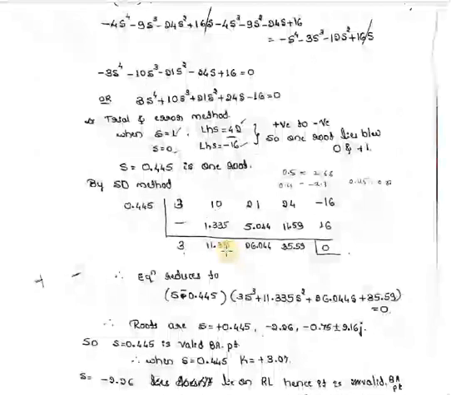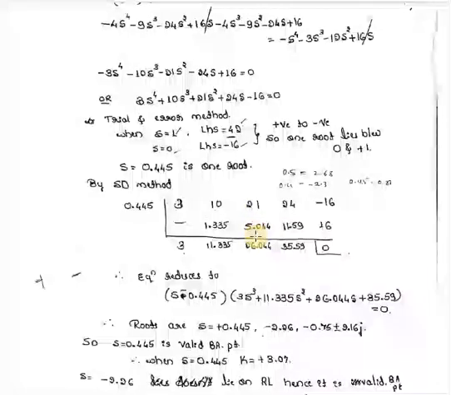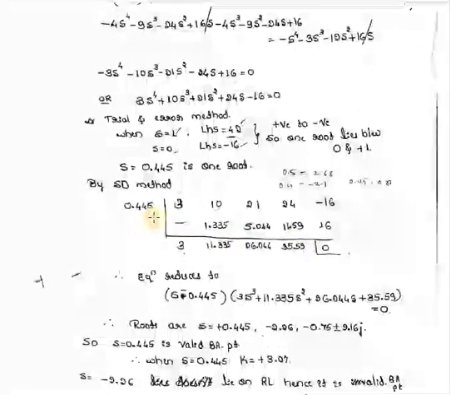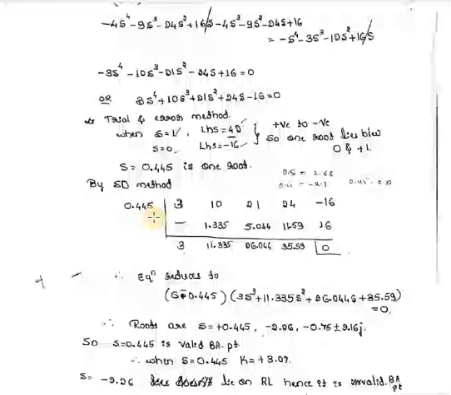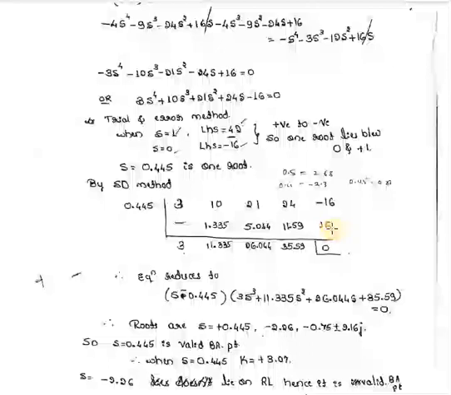Then this into this will come here, add this, you will get 26.044. Then this into this, substitute here, add this, that is 35.59, and 0.445 will give you the value as 16.